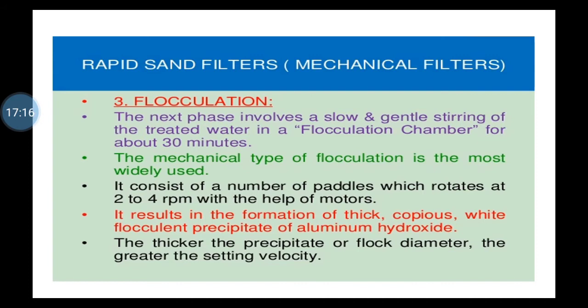The flocculation chamber consists of paddles which rotate at 2 to 4 rounds per minute with the help of a motor. It results in formation of thick copious white flocculent precipitate of aluminum hydroxide. The thicker the precipitate or floc diameter, the greater the settling velocity will be. So that is the third step, called flocculation.